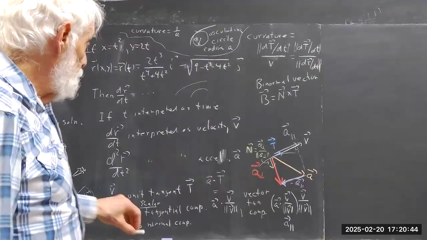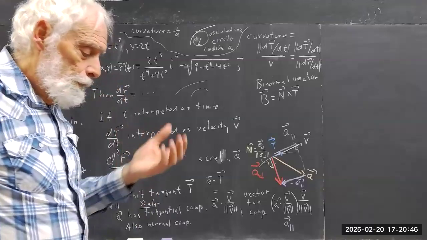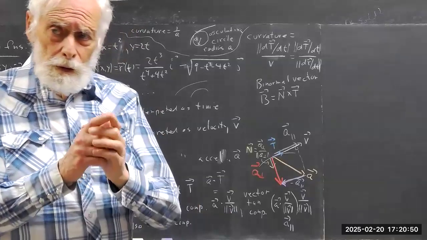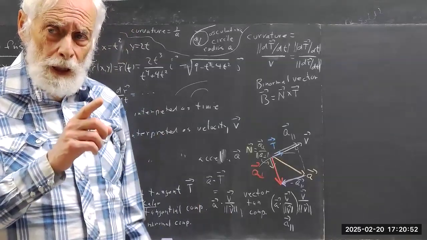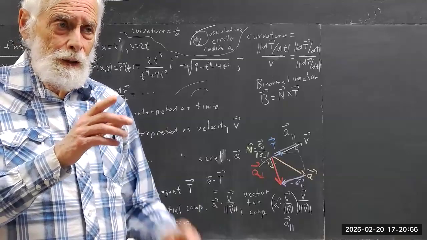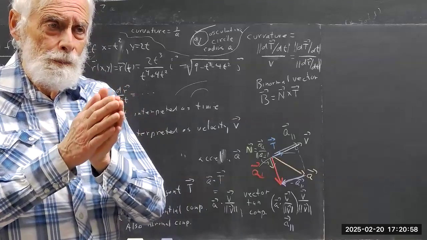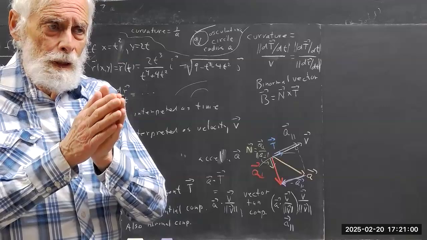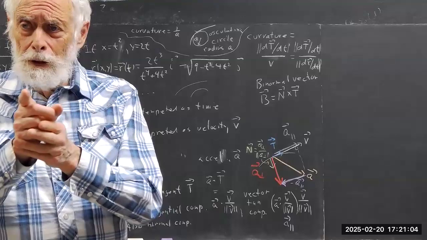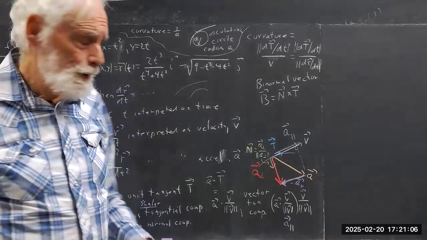Now, how do you define curvature? Well, the first thing we do is define curvature in terms of what happens to the unit tangent vector. If you're driving along and you go around a curve, your unit tangent vector is going to change.